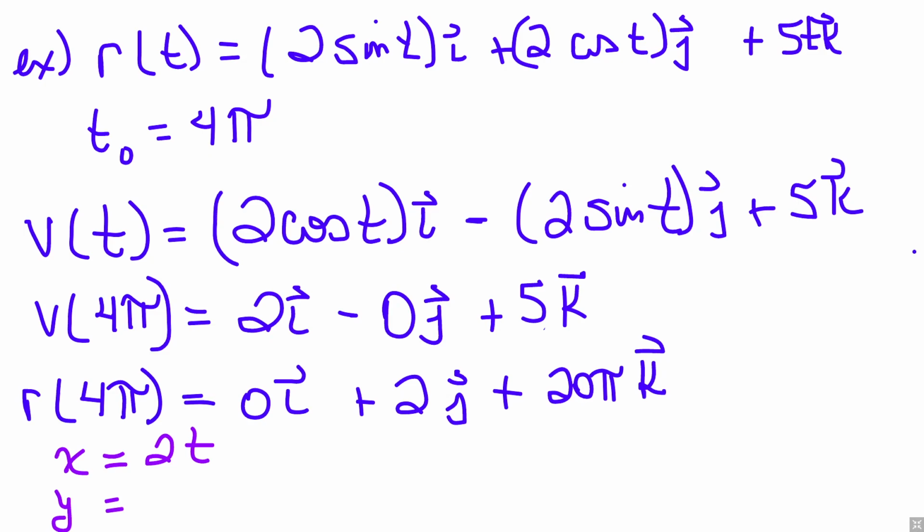What would be our parametric equation for y? Just 2. And then what would be our parametric equation for z? 20 pi plus 5t. Yes, 20 pi plus 5t. Right.